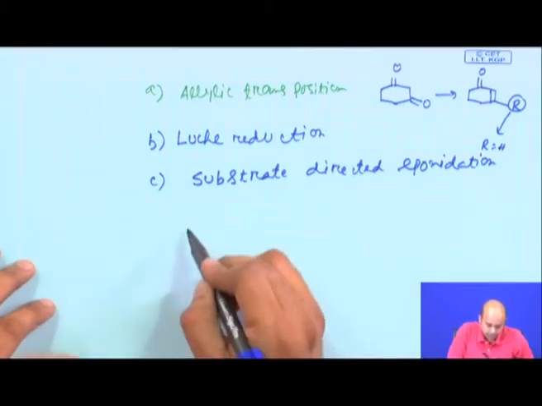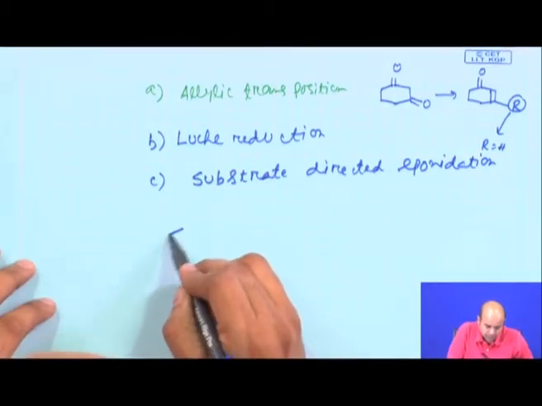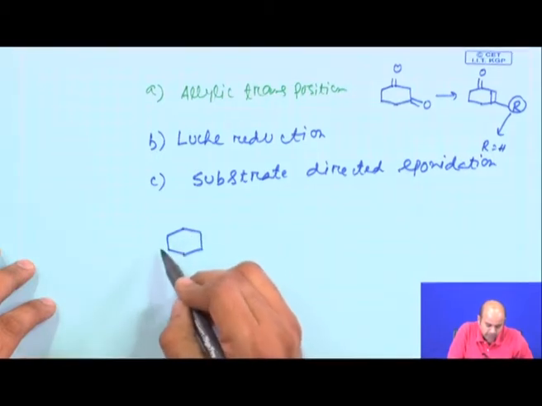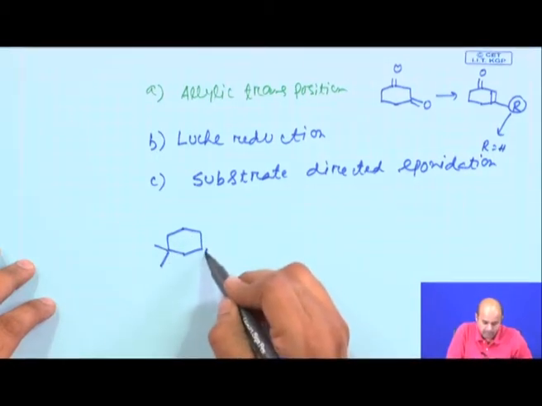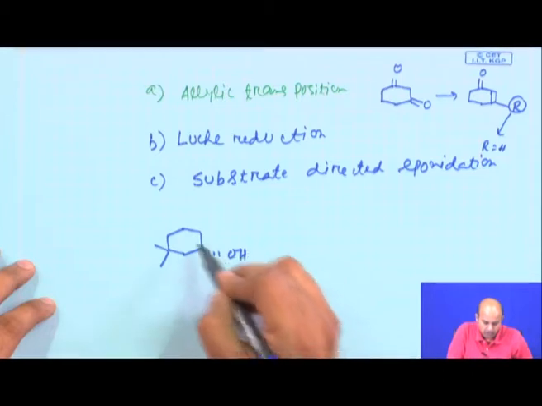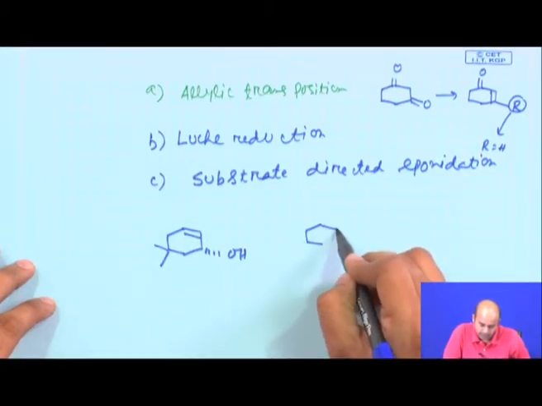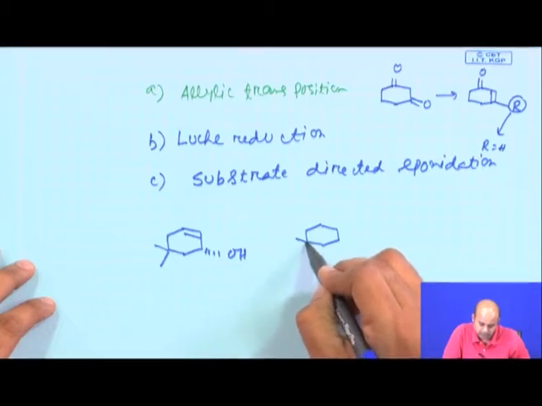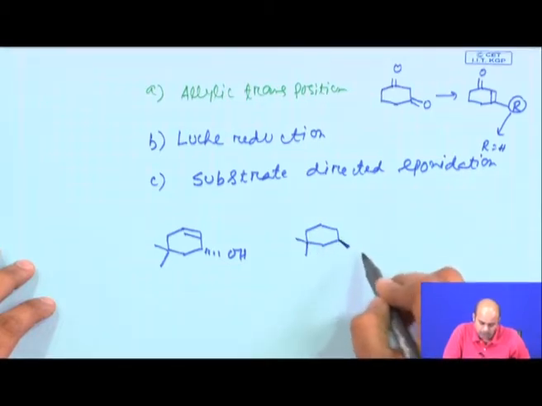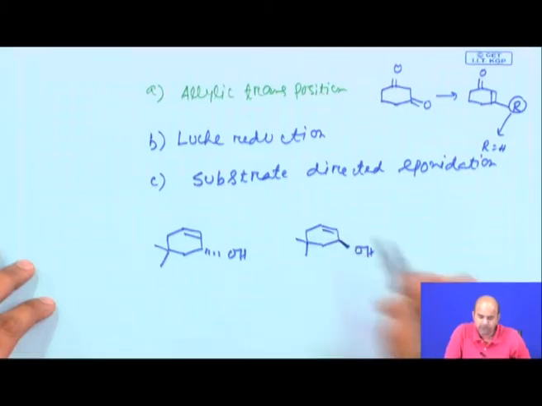Now, for this particular case, when you talk about this Magnus ring contraction, you basically have two olefinic compounds, either this enantiomer or this enantiomer. We have taken only one enantiomer for the sake of simplicity.